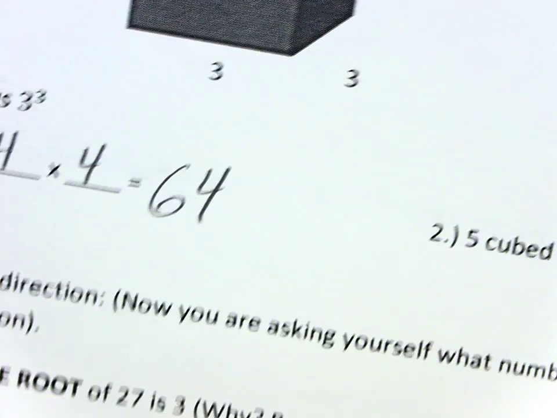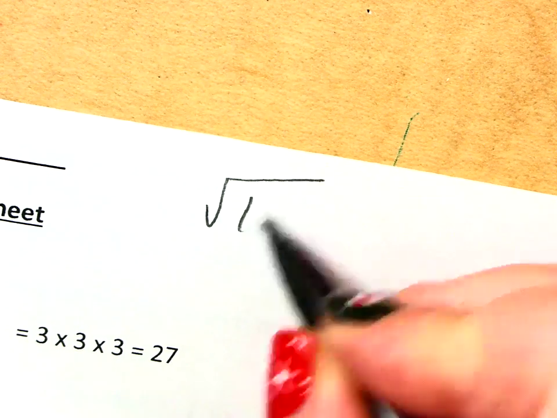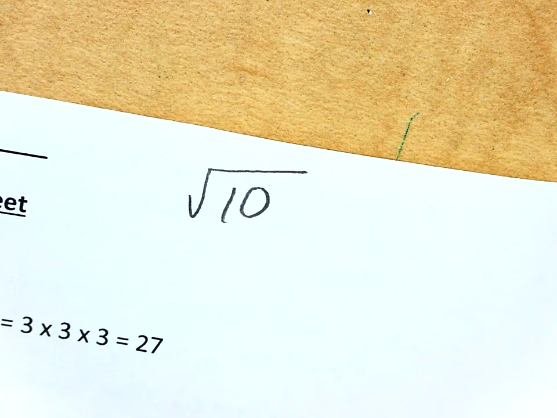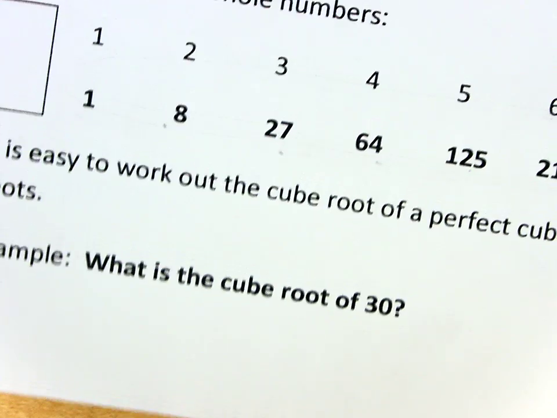Now, do you remember yesterday when we were talking about the square root of, I don't know, 10, and we were trying to estimate it to the nearest tenth? So we started off by asking ourselves, okay, well, between what two numbers would it be? And then I kind of played a little guessing game to get as close as I could. So we're going to try and do the same thing with cube roots. So I guess we'll just do this one at the very bottom of the page, this example here.